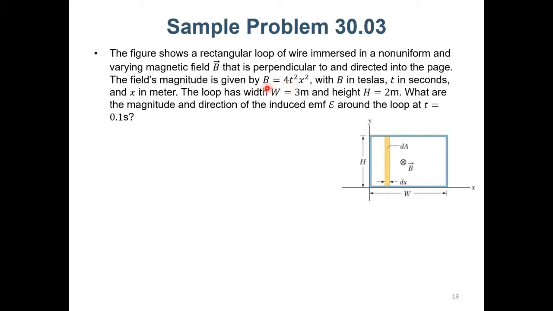The magnetic field is related to the time and the x-axis, with B in Tesla, T in seconds, X in meters. The loop has a width of 3 meters, the height is 2 meters. What are the magnitude and direction of the induced EMF around the loop at T equals 0.1 second?